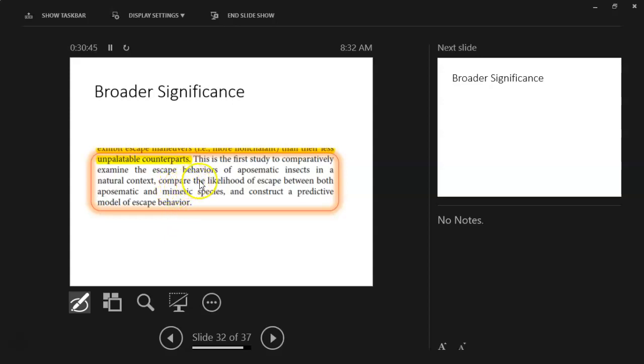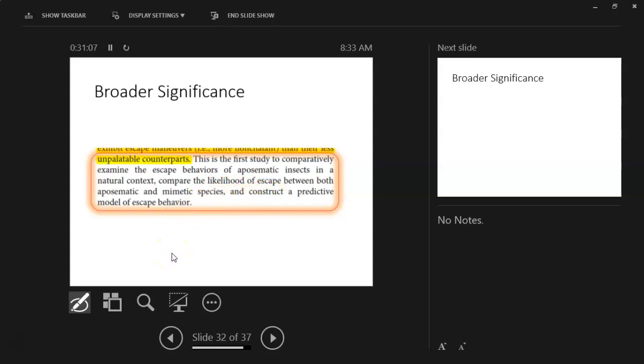They were also the first paper to compare the likelihood of escape between both aposematic and mimetic species. So both the species that are exhibiting aposematism and also mimics. And then they were also the first to construct a predictive model of escape behavior.